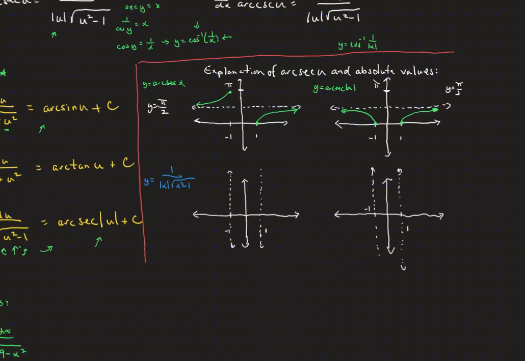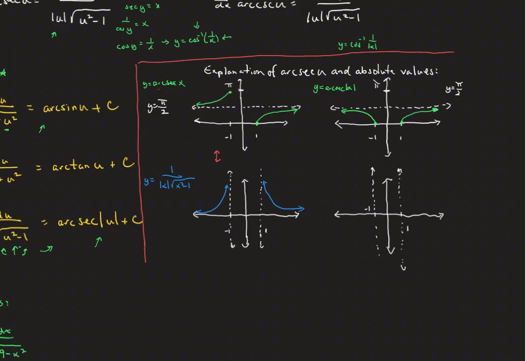If you put that on your calculator, you're going to get a vertical asymptote at negative 1, and your curve is going to approach that vertical and horizontal asymptote to the left of negative 1, and it will also approach x equals positive 1 and y equals 0 as vertical and horizontal asymptotes on that right side.